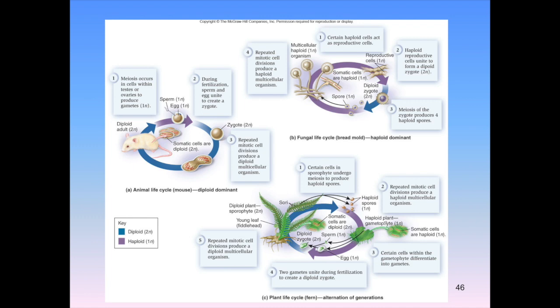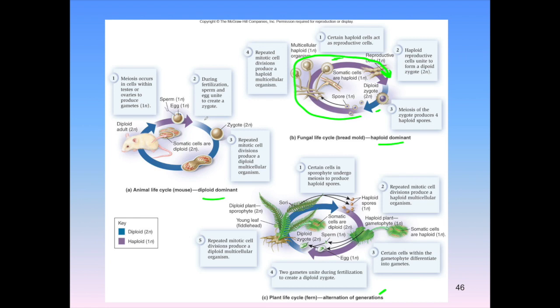So here we can see a couple of different life cycles. We have our haploid dominant, diploid dominant, and then alternation of generations. In this organism, purple is haploid and blue is diploid. So you can see that this is a haploid dominant life cycle because more than 3/4 of the life cycle is in a haploid state.